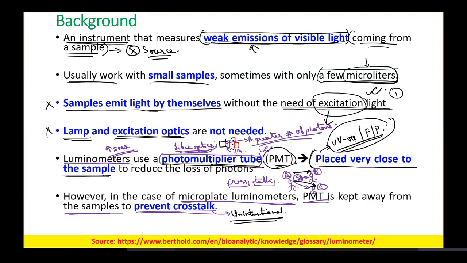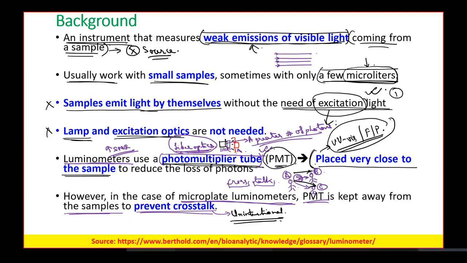However, with the advancements in this technology, we have fiber optics cables. You can place an array of fiber optics just close to this cuvette, and you can take the fiber optics away and keep it at a distant place. What does the fiber optics do? It collects the light from the sample, right?